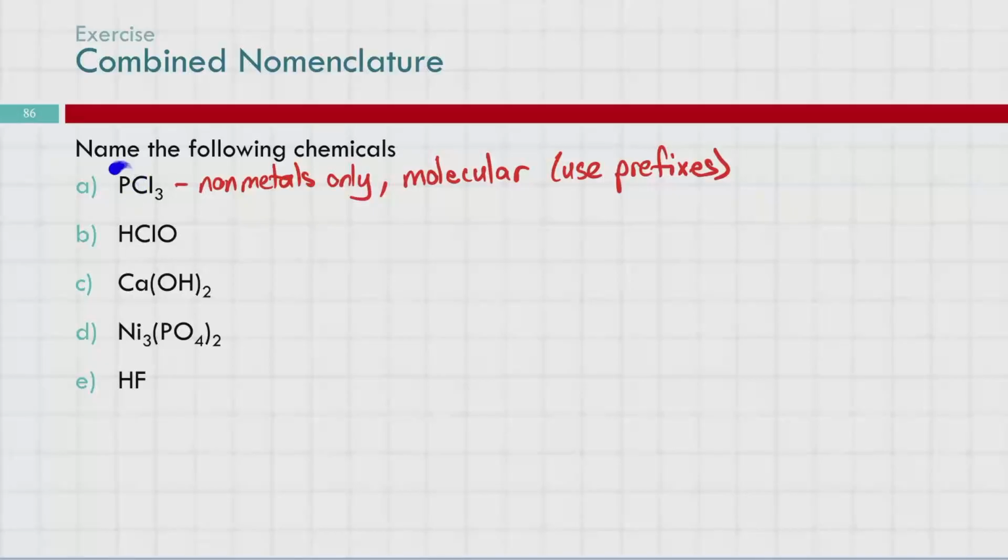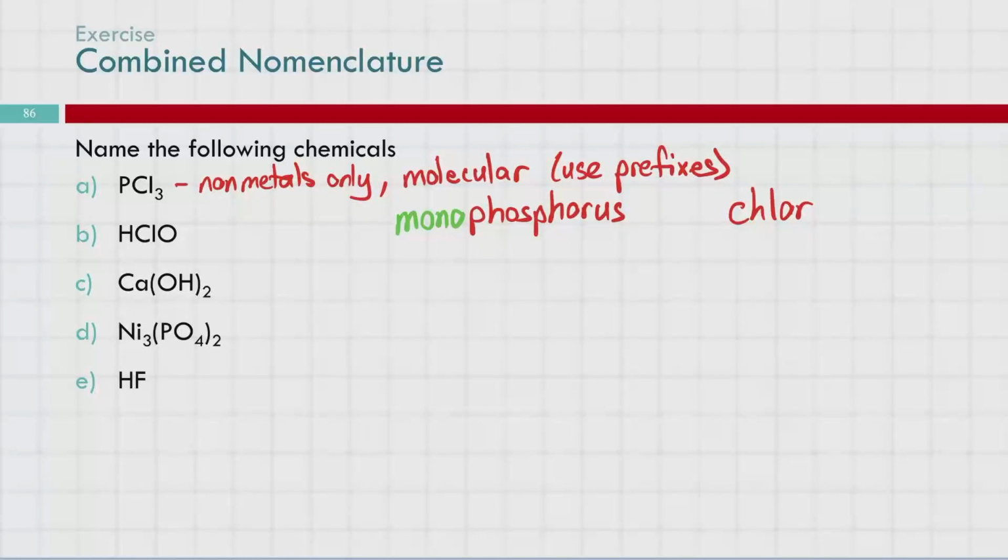What is our first element? Phosphorus. How many phosphoruses do we have? 1. Our prefix for 1 is mono. What's our other element? Chlorine. The base for that is chlor. How many do we have?